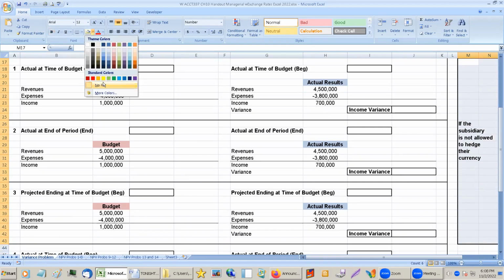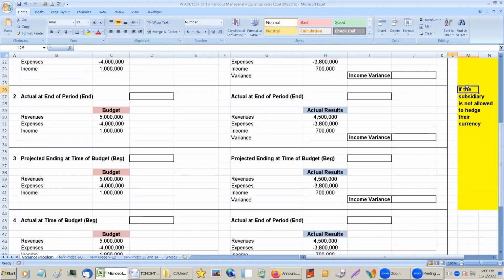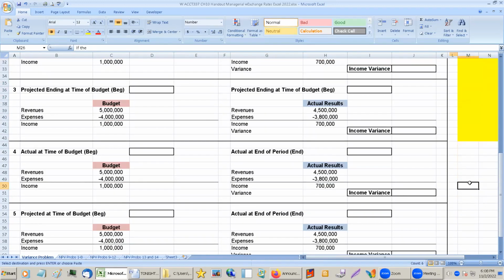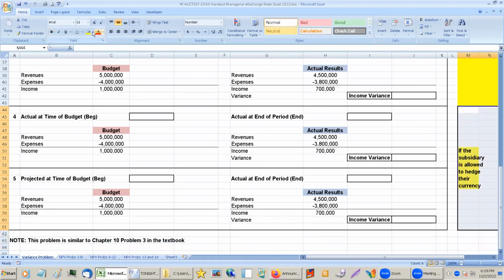Let's make those bright yellow. If the subsidiary is allowed, and I'll explain why this is true in a second, then these are the two you want to use.